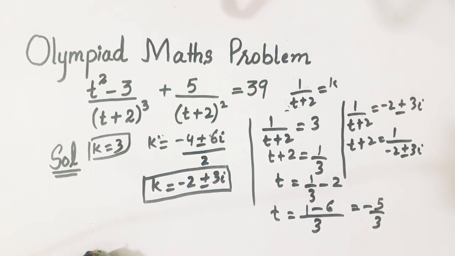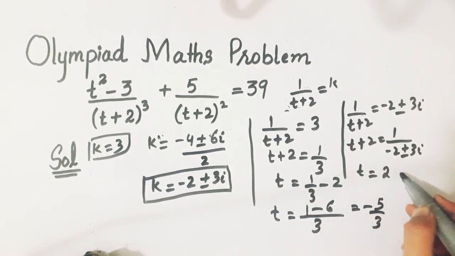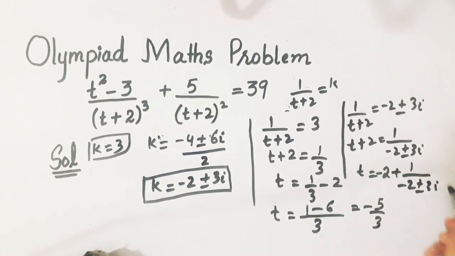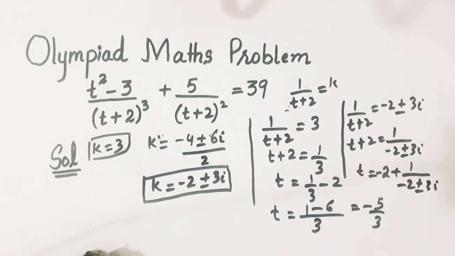The 2 will be subtracted, so we get t equals minus 2 plus 1 by minus 2 plus minus 3 iota. If we want to rationalize this, we will get another answer.